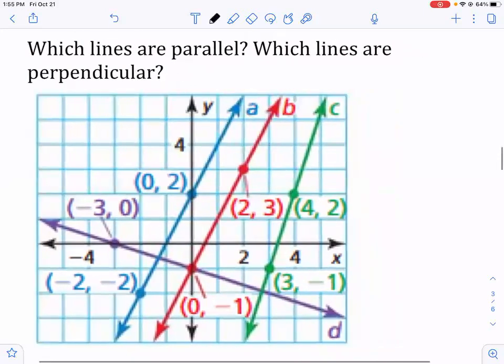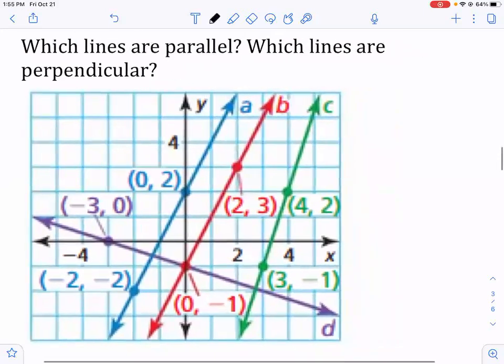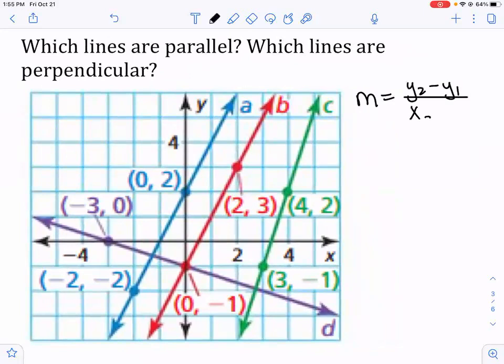I will remind you from yesterday, you can either count rise over run, or you can find slope by taking y minus y over x minus x. I'm gonna give you a few minutes to figure out which lines are parallel and which lines are perpendicular. You can use the whiteboard. You can just eyeball. Don't shut your notebook.